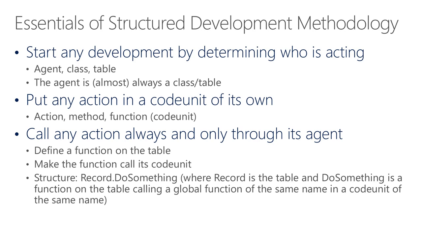You define a function on its table and make the function call its code unit. Never call the code unit directly from anywhere, but from this function on the table, which declares it as one of its methods. The structure is always record.doSomething, where record is the table and doSomething is a function on the table calling a global function of the same name in a code unit of the same name.